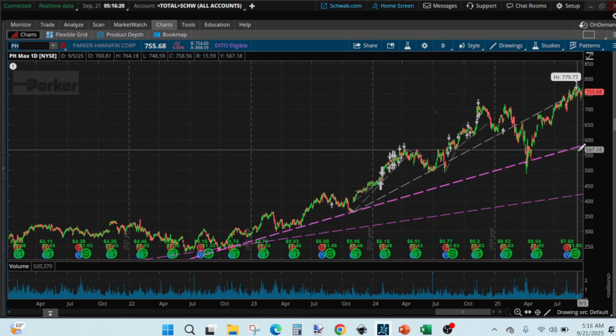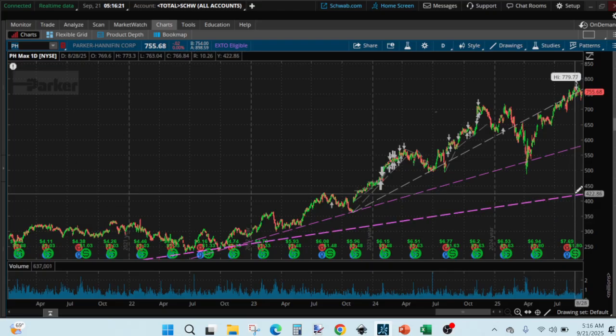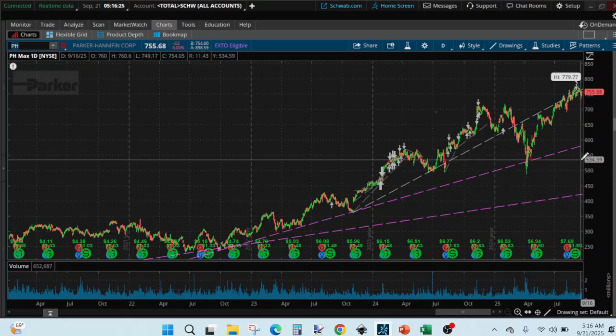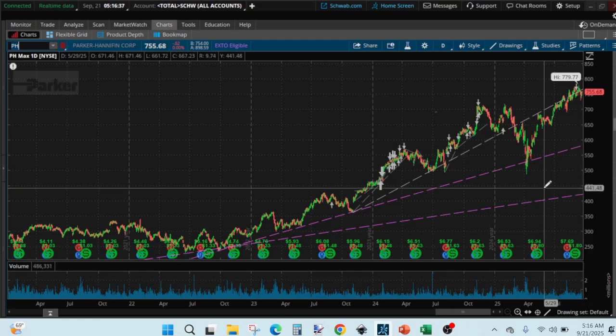PH, we like to buy at either one of those lines here, and right now the price is far from there. Therefore there is nothing to do with it on Monday when the markets open, and then we'll go to the next stock to analyze. That will be our analysis for PH as well.